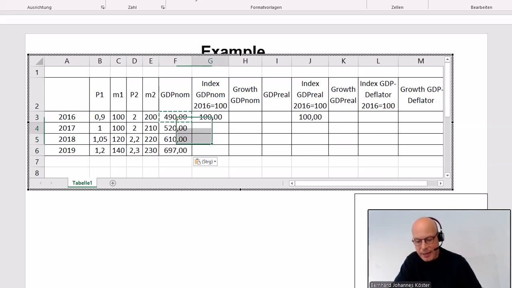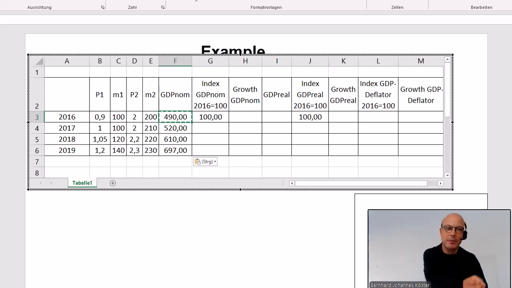Now we want to have the index. We start with our base year, the first one, 2016. So now we know that 490 is set as an index number to 100. Nominal GDP is developing from 490 to 520. So the question is, what is the index number associated with 520? What do I have to calculate?